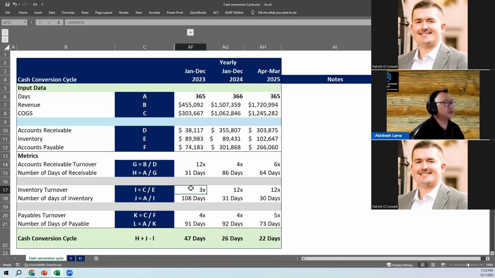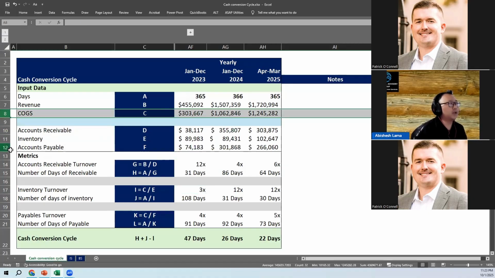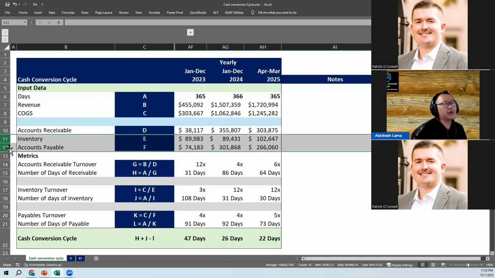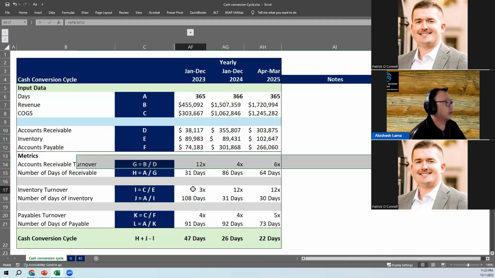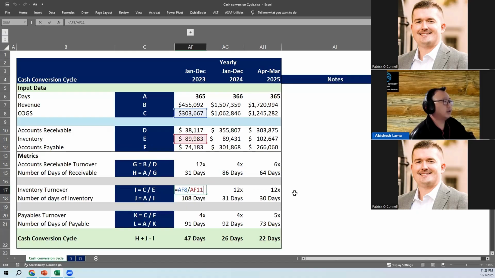And when we're dealing with DPO and DIO, we use the cost of goods sold number and the inventory and accounts payable balance. Here, the cost of goods sold reported in the income statement has been divided by the inventory balance.